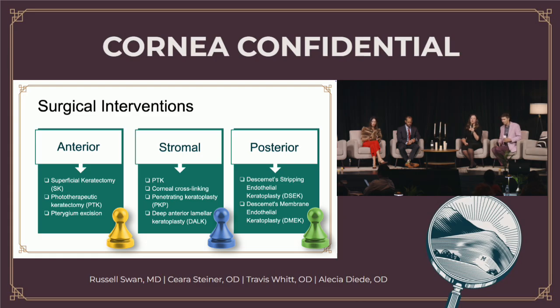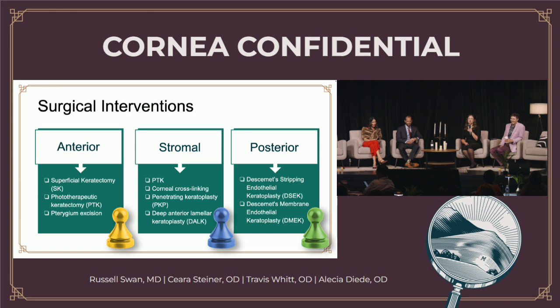Something that's really important in our practice that I'm working with a lot is the surgical interventions. Specifically on the anterior, we're working with SKs or superficial keratectomies, PTK, and pterygium excisions, and we'll have a case coming up on that. Moving into the stroma, PTK and corneal cross-linking are really important too, and something I really like to talk to a lot of my doctors about when I get out in the community.